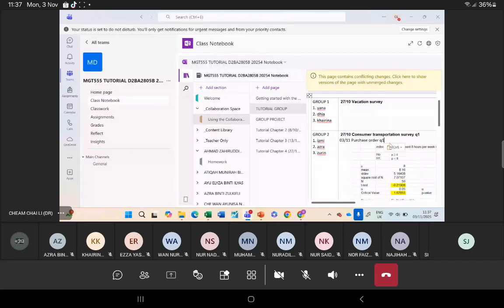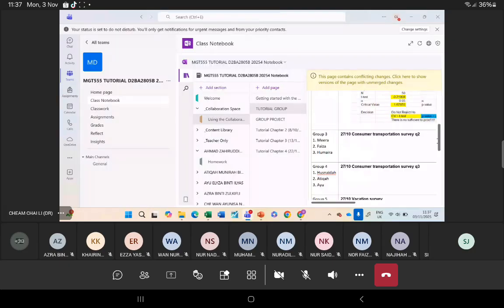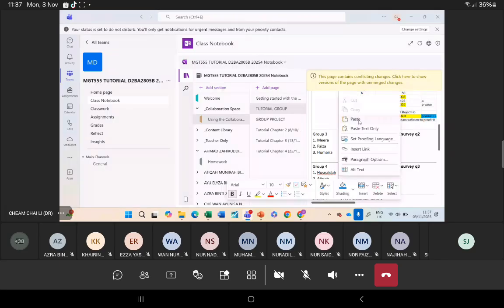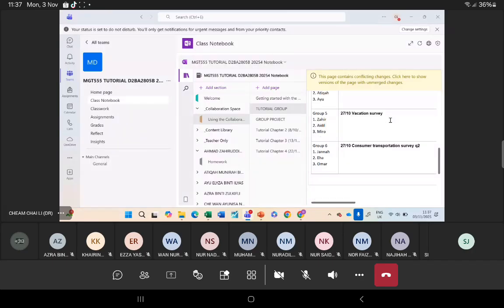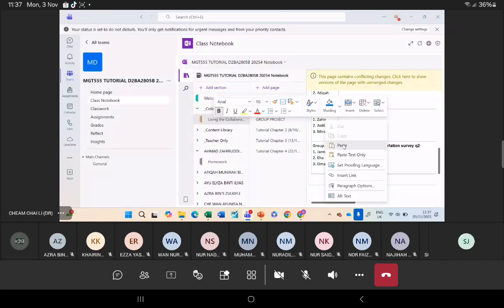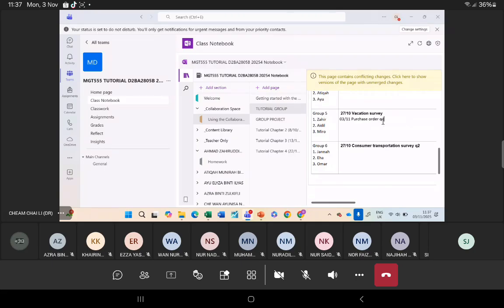So later you remove this and then put it in your homework, class notebook homework. Okay, this is question 2. Question 4.